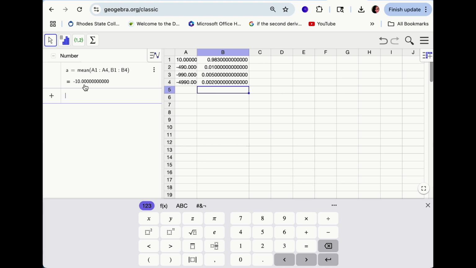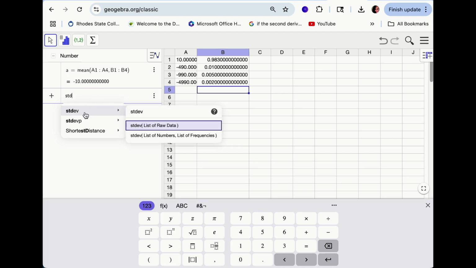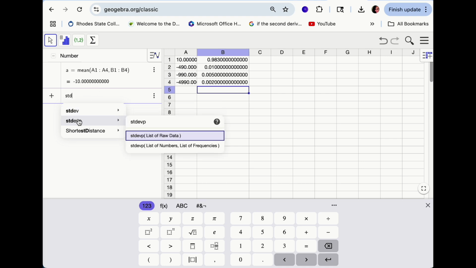So when we're finding the standard deviation for a probability distribution, we're going to be using the population standard deviation. So I'm going to start typing in STD, and that will bring up standard deviation. The first one here is for the sample. The second one with the P is for the population. And we're going to choose that second command down here where we can do the values and the frequencies.